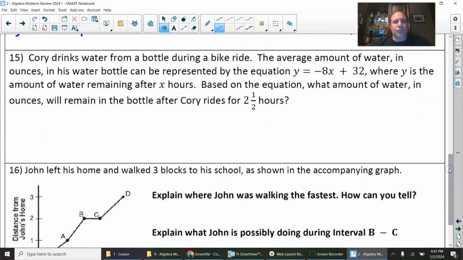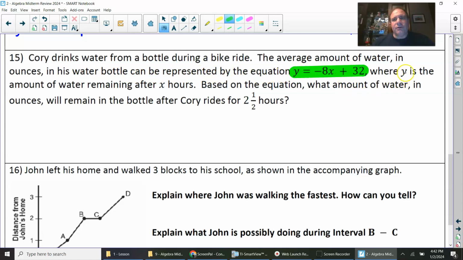Corey drinks water from a bottle during a bike ride. The average amount of water in ounces in his water bottle can be represented by this equation. So they're giving you the equation where y is the amount of water remaining after x hours. So hours, that's basically your x.